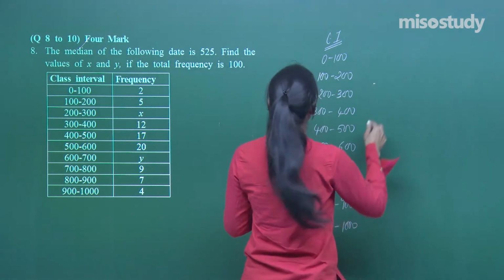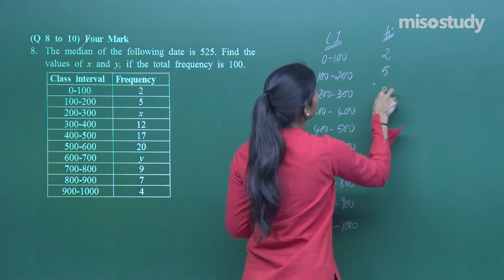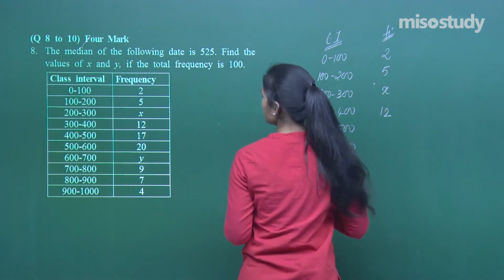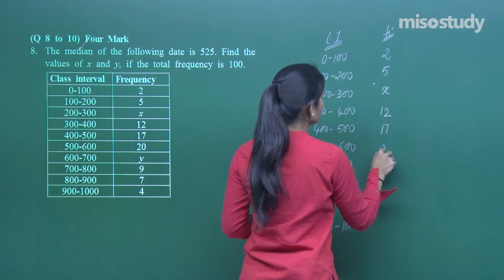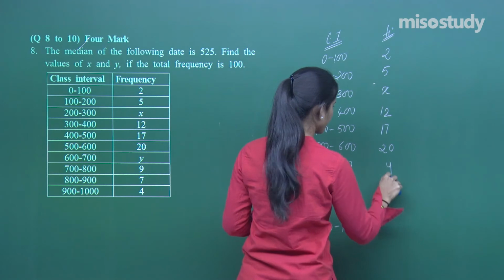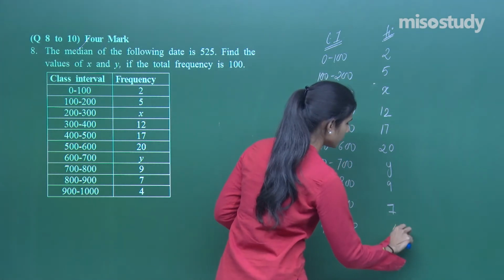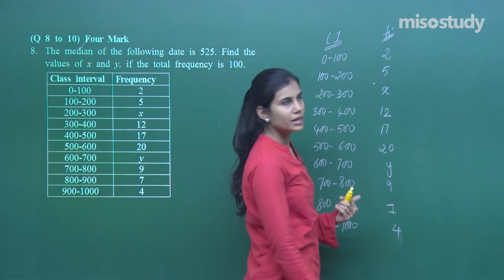Here are your frequencies: 2, 5, x, 12, 17, 20, y, 9, 7, 4.